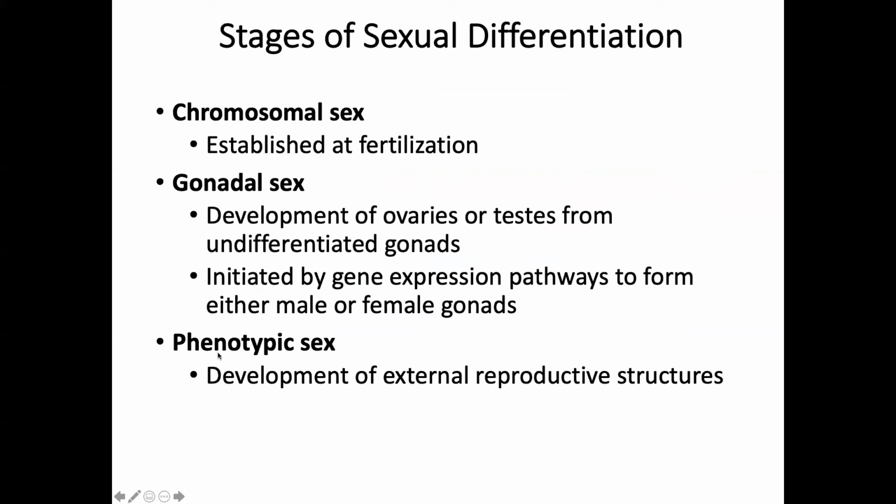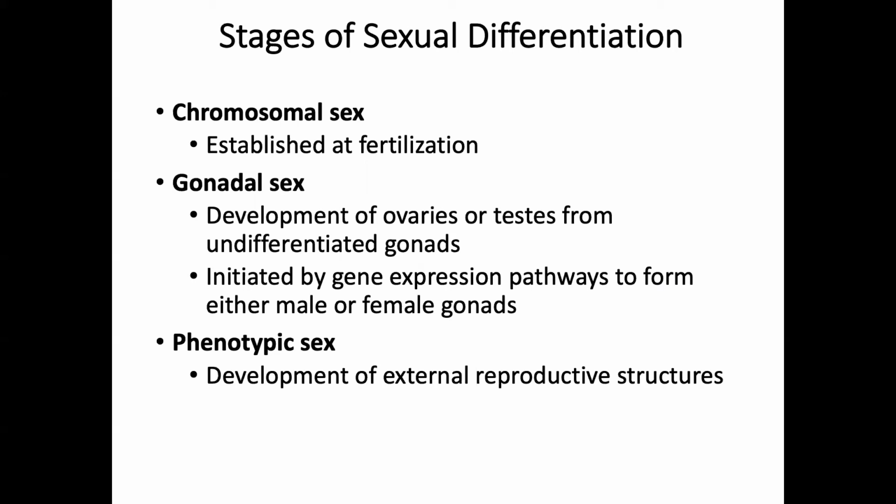Okay, the chromosomal sex is determined during fertilization, but internal and external sex organs do not begin to develop until the 7th or 8th week of pregnancy. Before that, the external genitals of the embryo are neither male nor female. Okay, gonadal sex differentiation is the process of forming ovaries or testes from undifferentiated gonads.